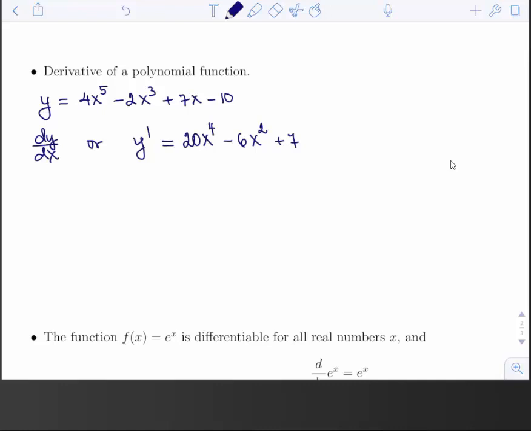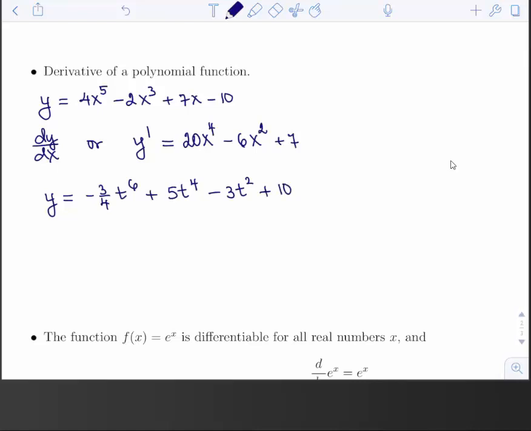Okay, let's do one more. Let's say I have a polynomial that's not in terms of x. Let's say we have something in terms of t. Negative 3/4 t to the 6, plus 5t to the 4th, minus 3t squared, and plus 10.